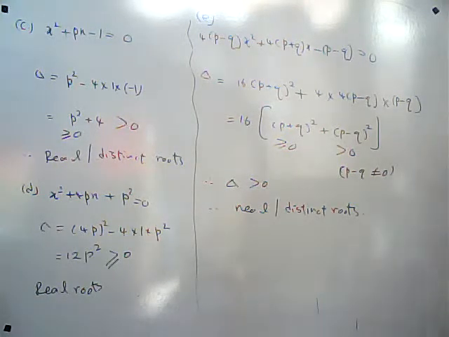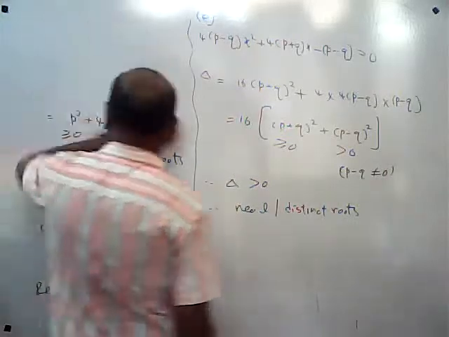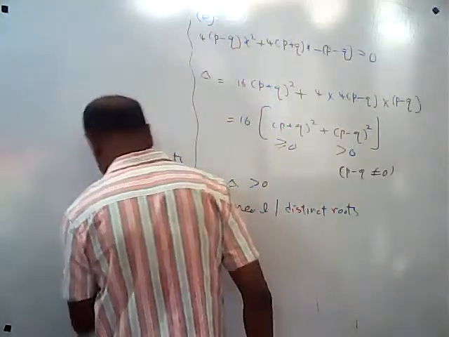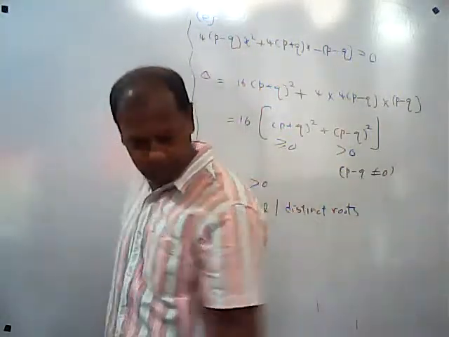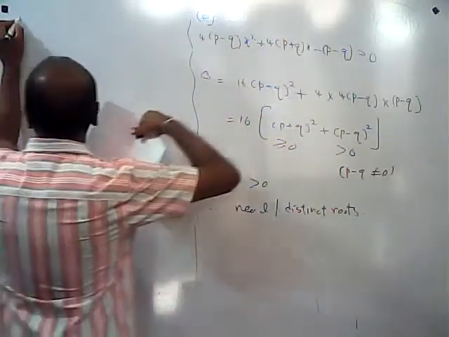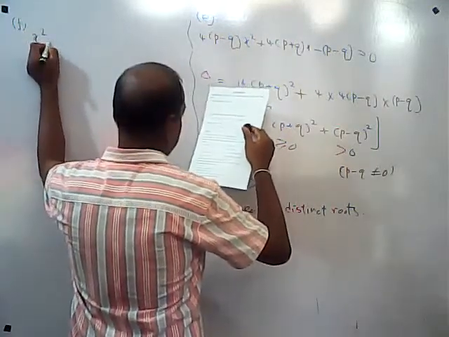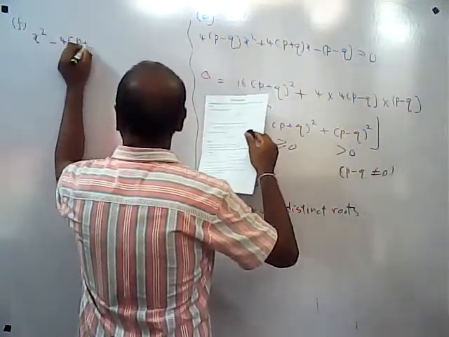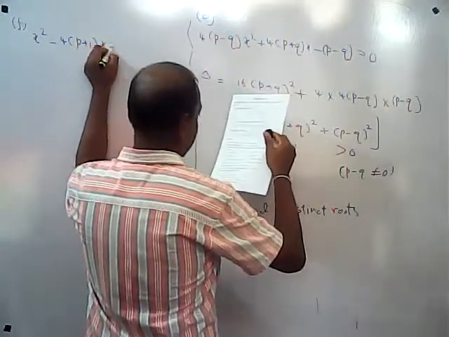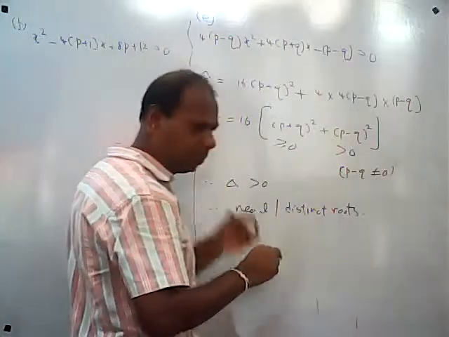Shall we go to the next thing? F. x squared minus 4 times p plus 1 x plus 8p plus 12 equals 0.